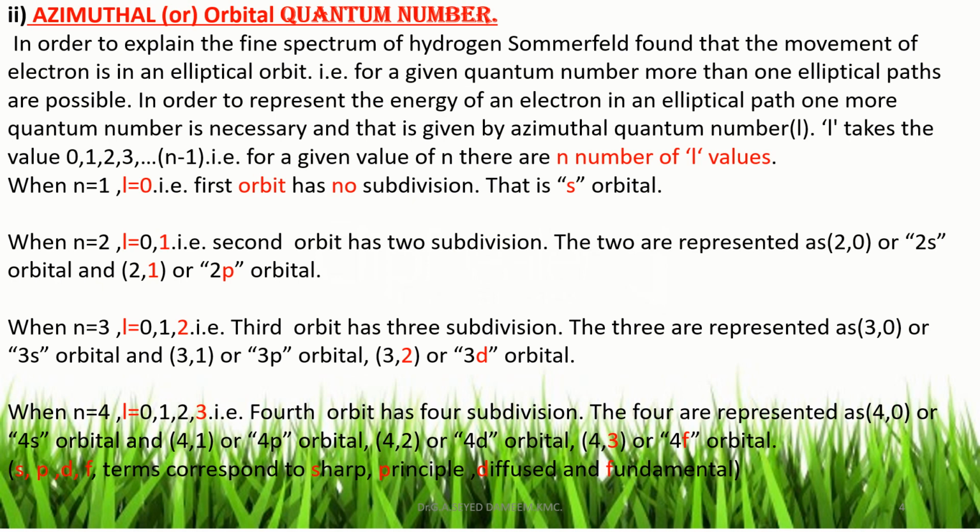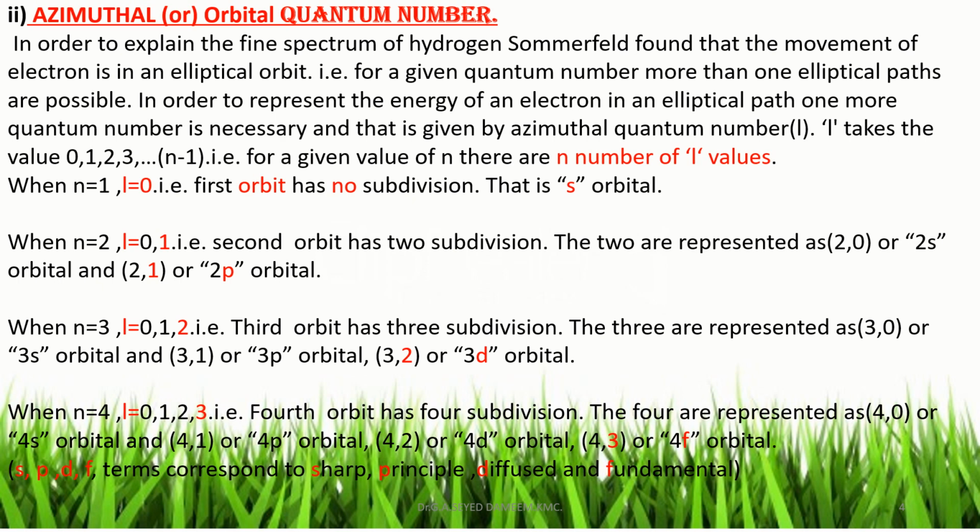If n is 2, the possible azimuthal quantum numbers are 0 and 1, two numbers. And if n is 3, there are three azimuthal quantum numbers, 0, 1, 2.